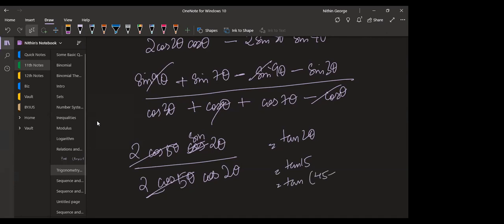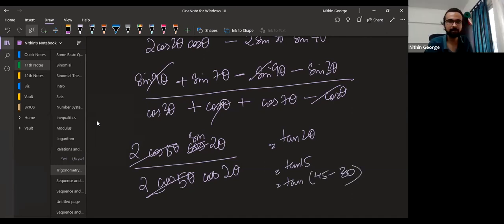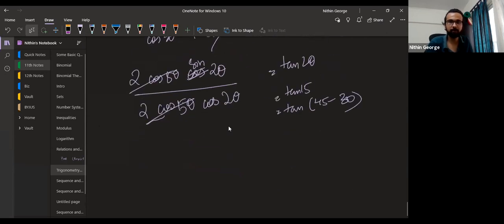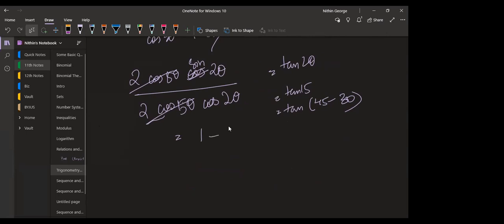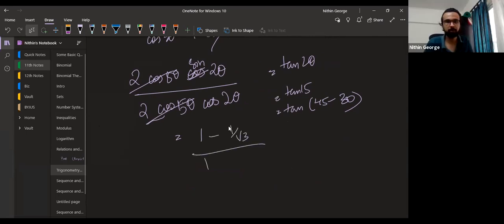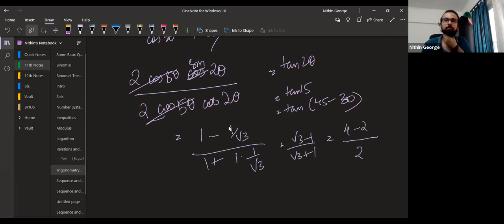And then you apply the formula: tan A minus tan B by 1 plus tan A tan B. So tan A is 1, minus tan B, 1 by root 3, by 1 plus 1 into 1 by root 3. So I get (root 3 minus 1) by (root 3 plus 1). If I rationalize the denominator, I'll get (root 3 minus 1) the whole square, which is 4 minus 2 root 3, divided by 2. So my answer becomes 2 minus root 3.